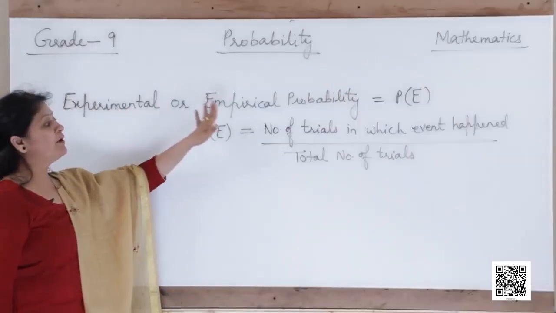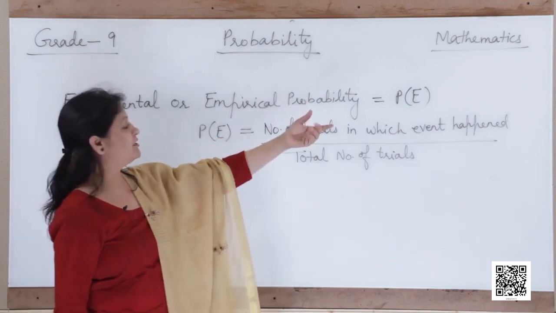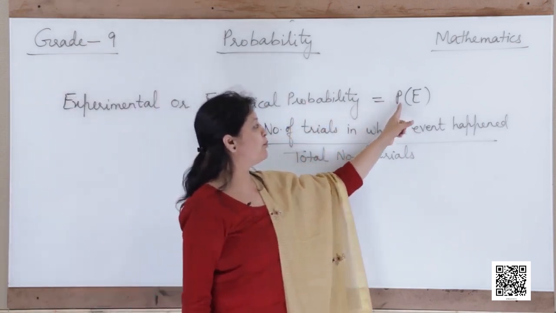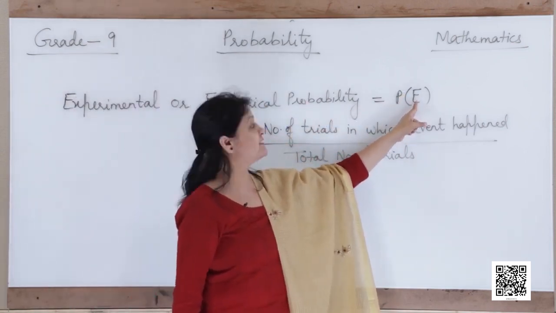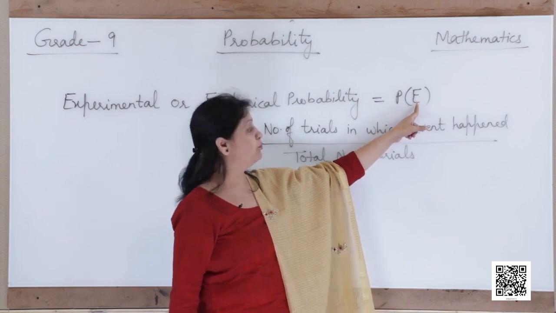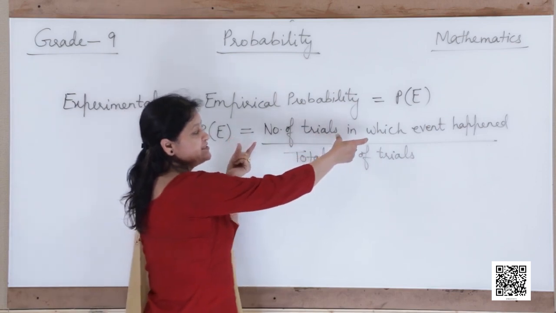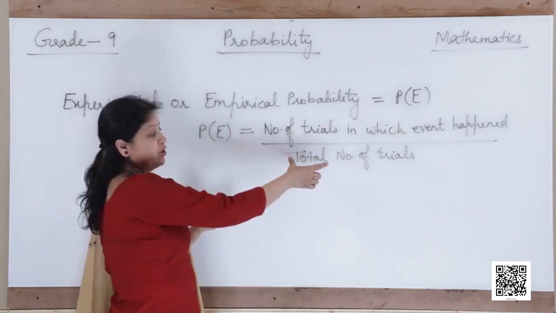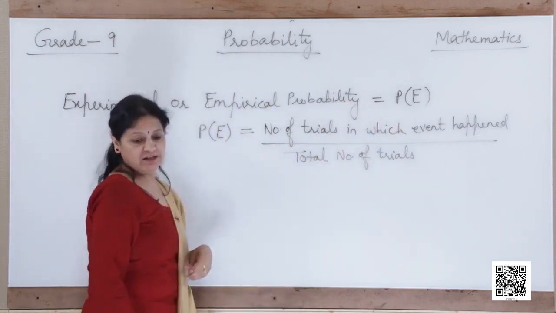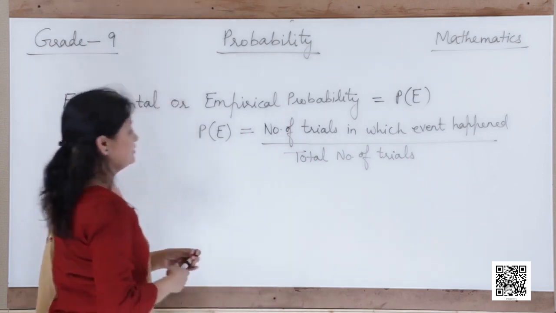Let us give the notation P(E) for experimental or empirical probability. It is equal to the number of trials in which the event happened upon the total number of trials. Let us take an example.